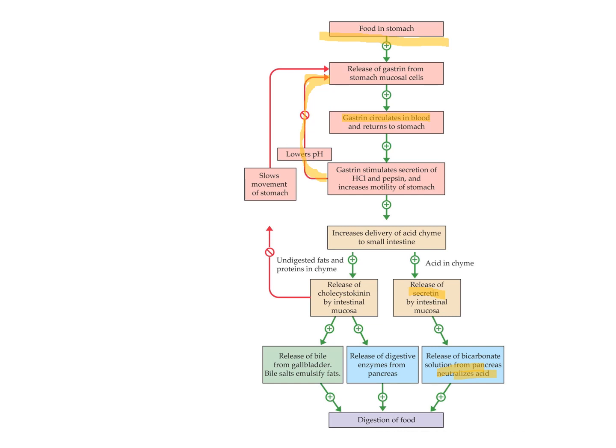the other thing is that arrival of undigested fat and protein within the chyme into the intestine will trigger the release of CCK, or cholecystokinin, and that triggers release of digestive hydrolytic enzymes from the pancreas, and also will trigger release of bile from the gallbladder by triggering contractions of the gallbladder, so that bile salts in the bile go into the intestine and can help emulsify fats.